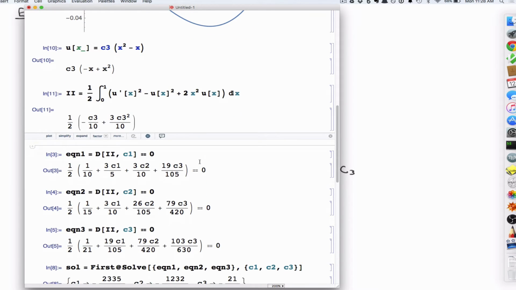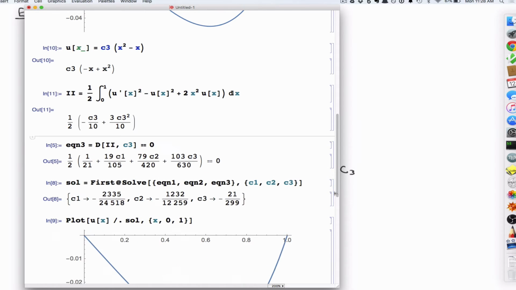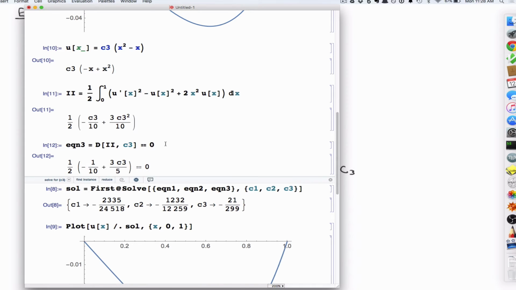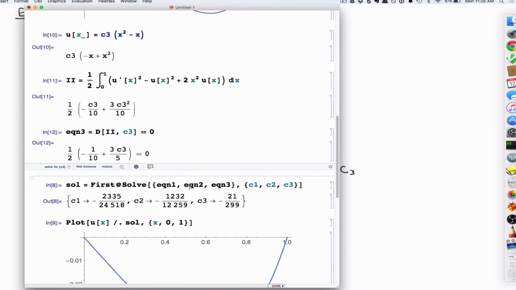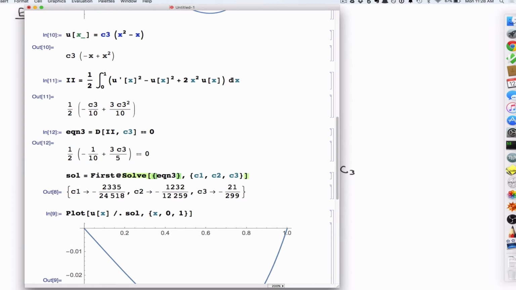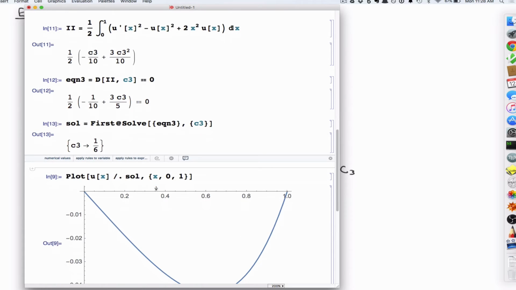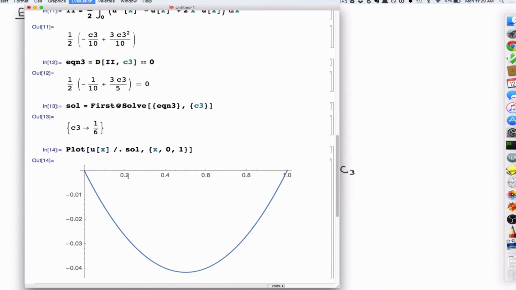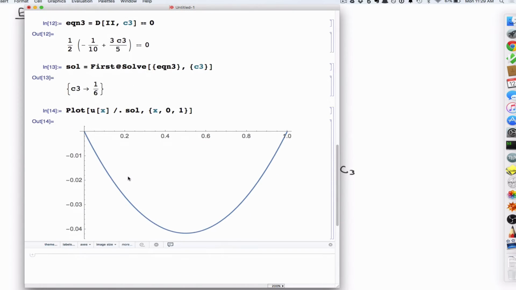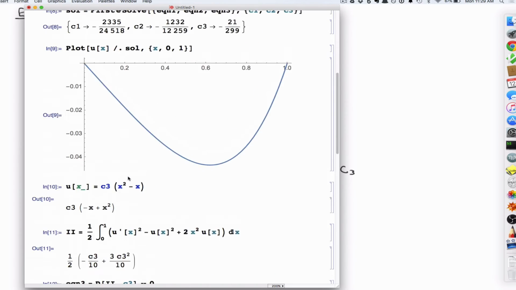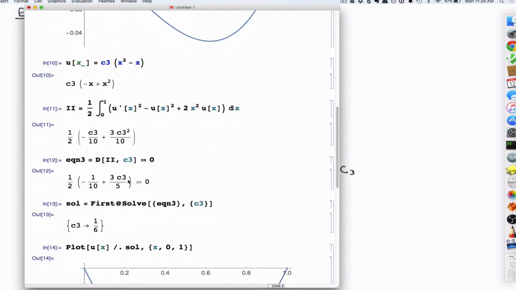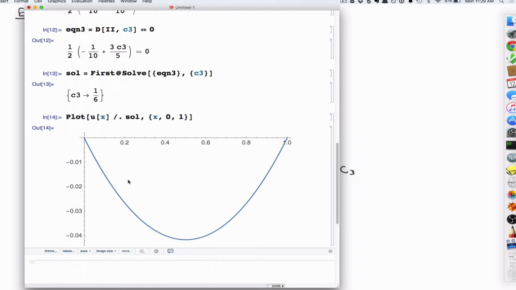So then when I compute the integral, I just have a function of C3 now. So now I just have one equation I need to solve. Compute the derivative with respect to C3, and then solve that for C3, and then plot the solution. So it's clearly different than that, right? I used a different approximation.